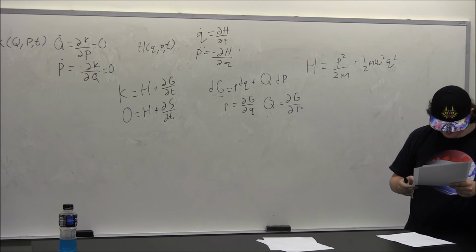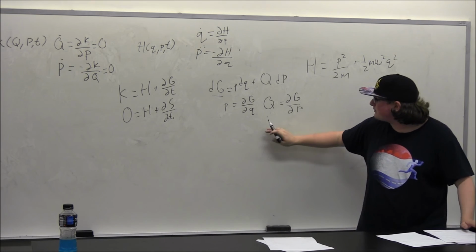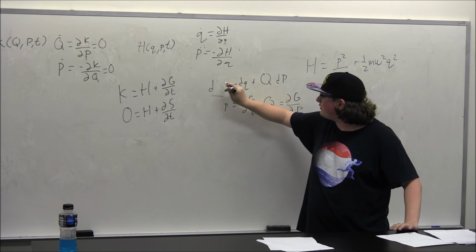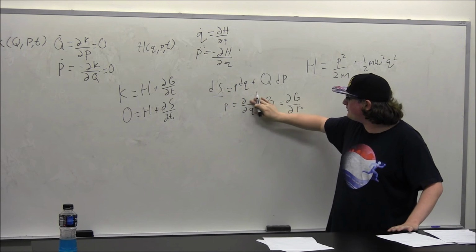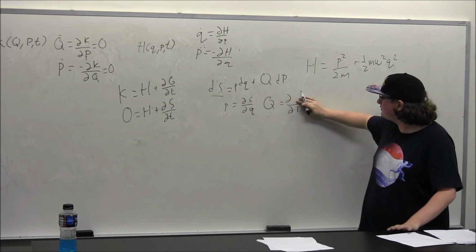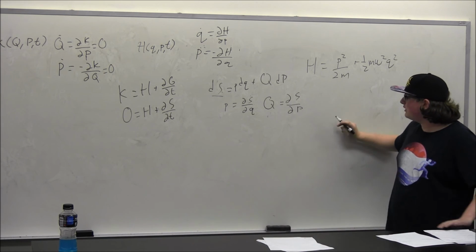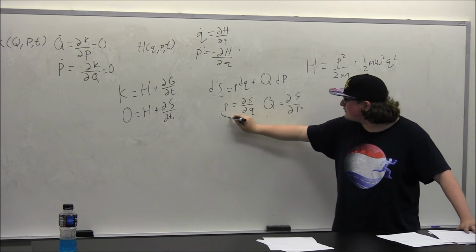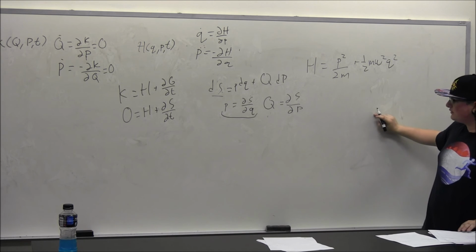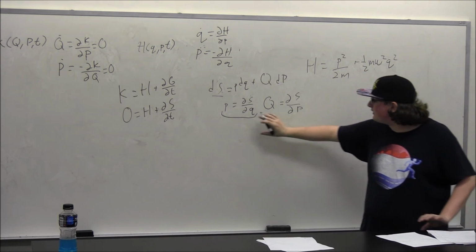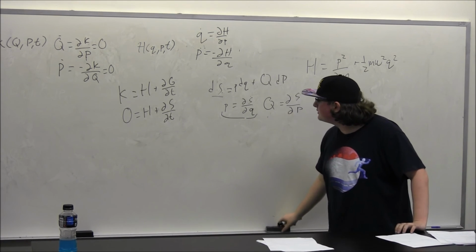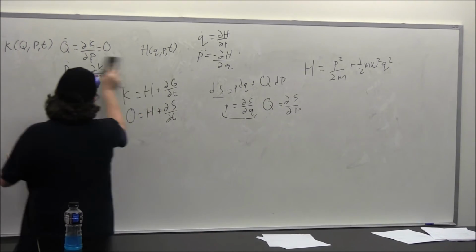To do that, we start with this relation, and again, because this is a special generating function, we're going to call this S. We have that this is true. So we're going to plug this and this into our equation. I'm going to erase this.